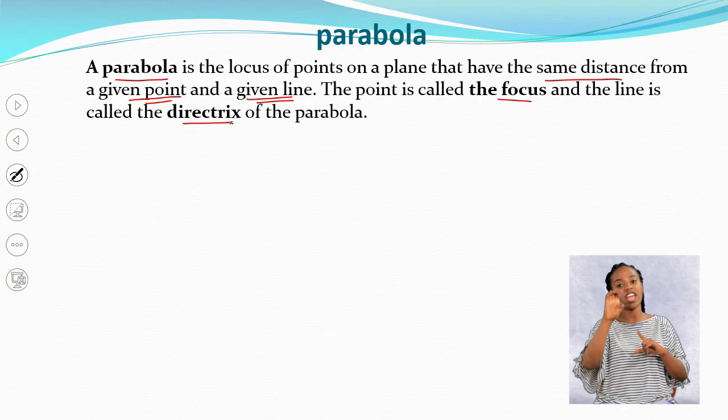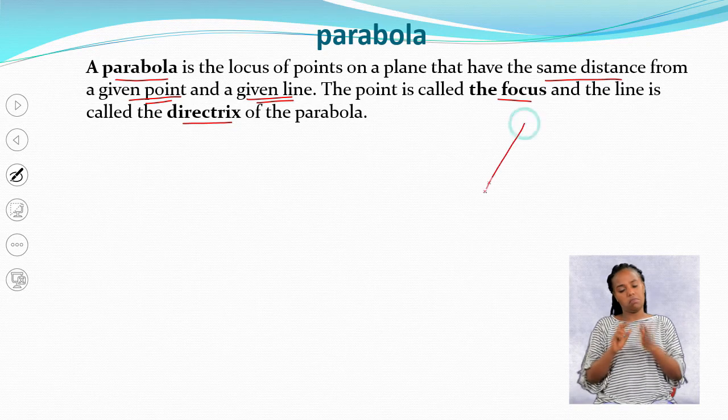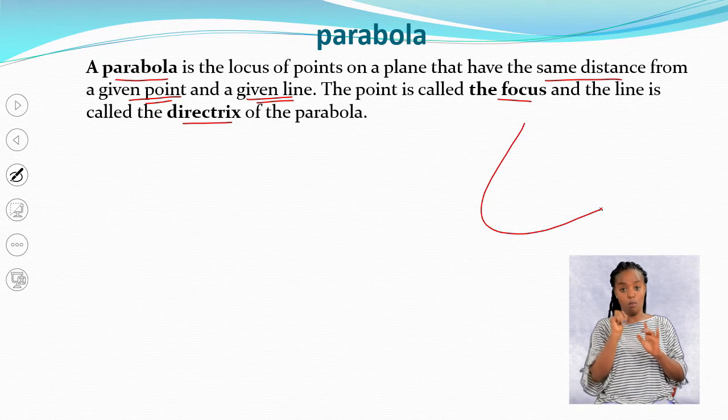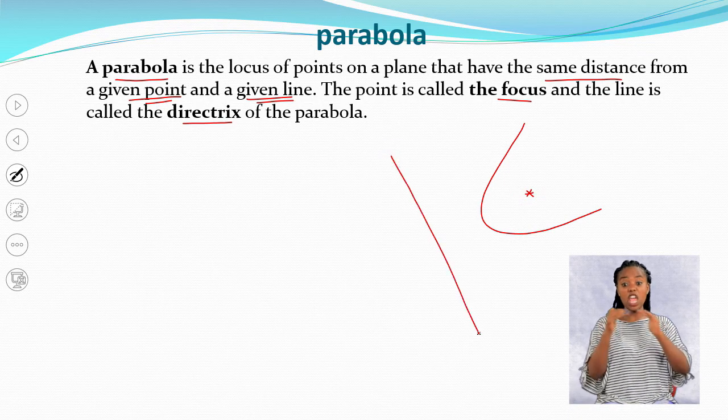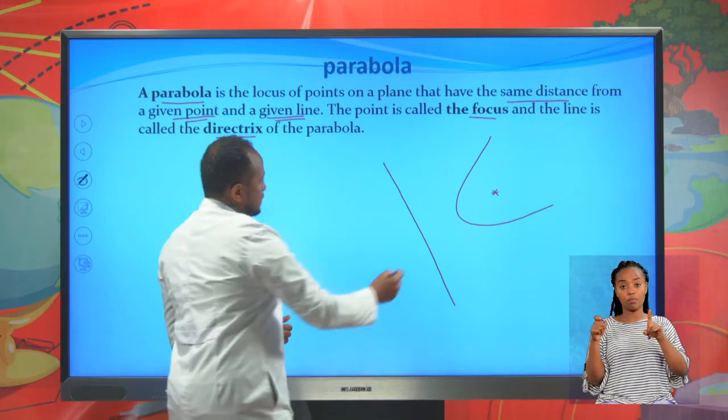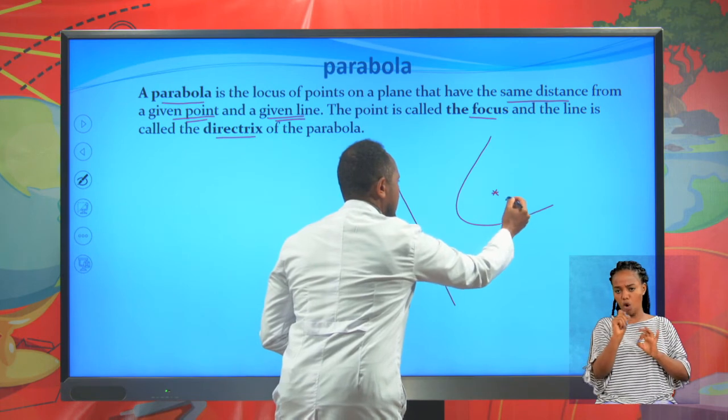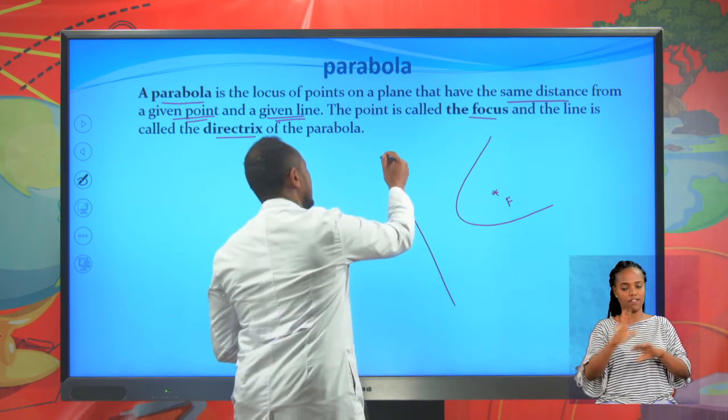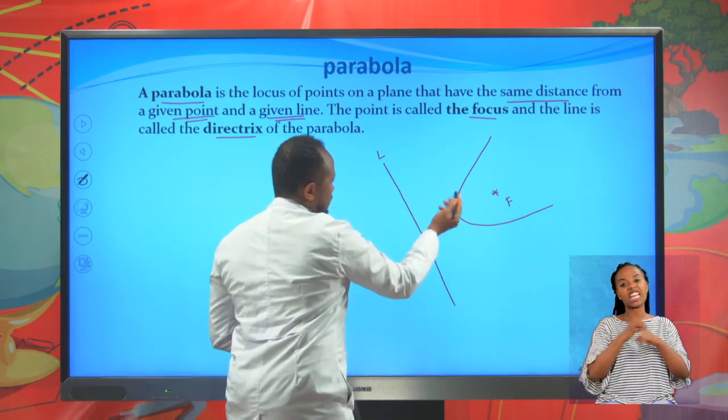This means the parabola has this form. It's a locus of points that are at equal distance from a fixed point, which we call the focus F, and a fixed line, which we call the directrix.